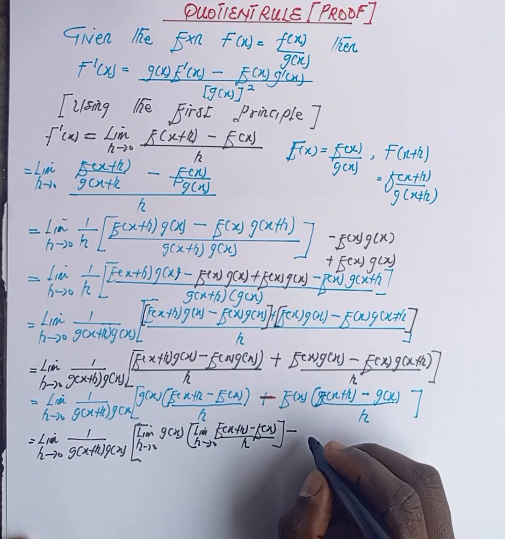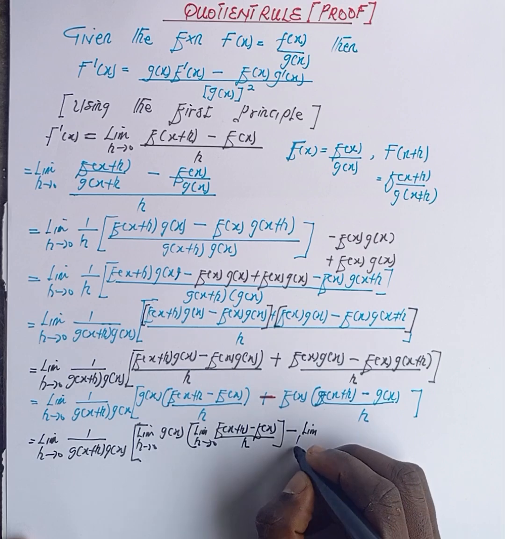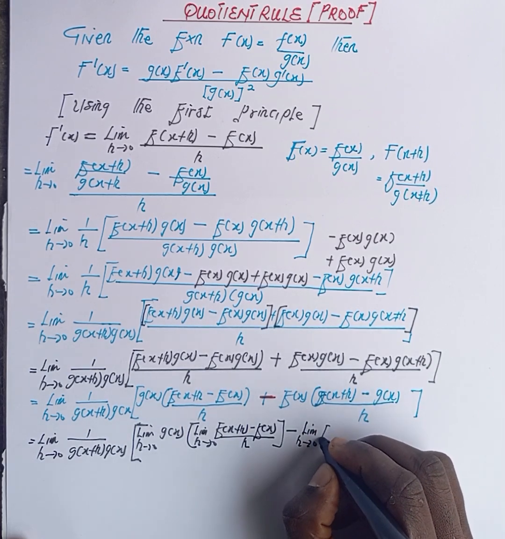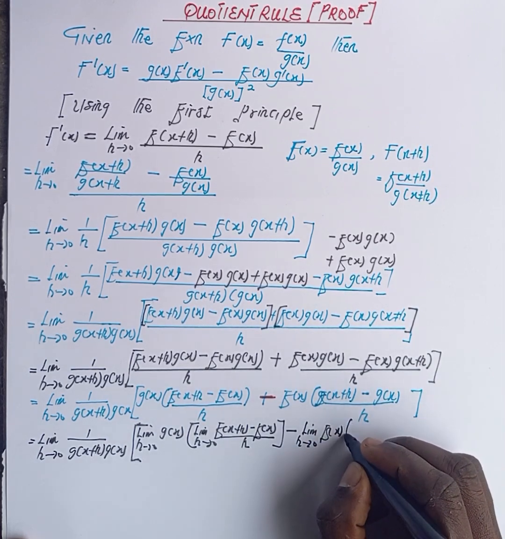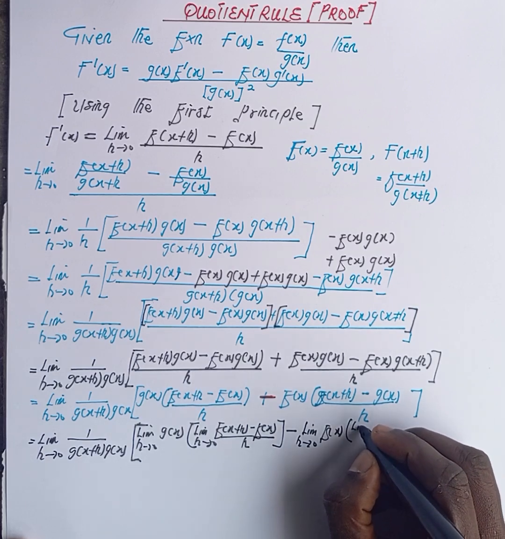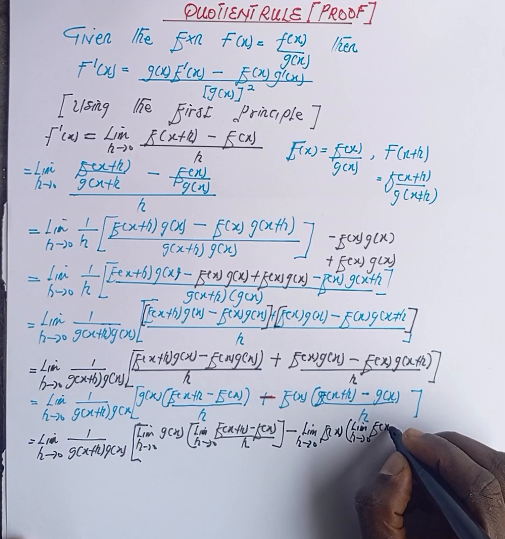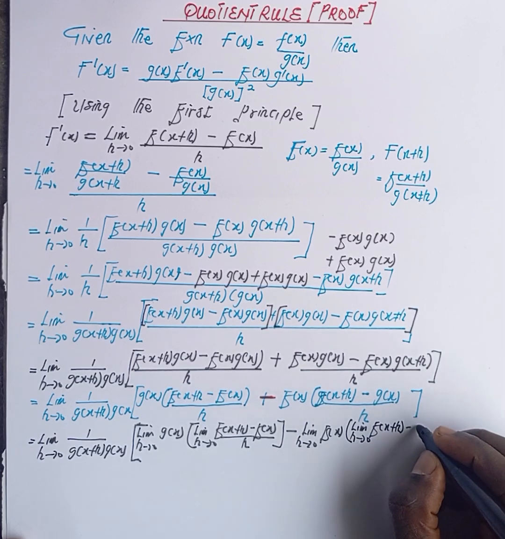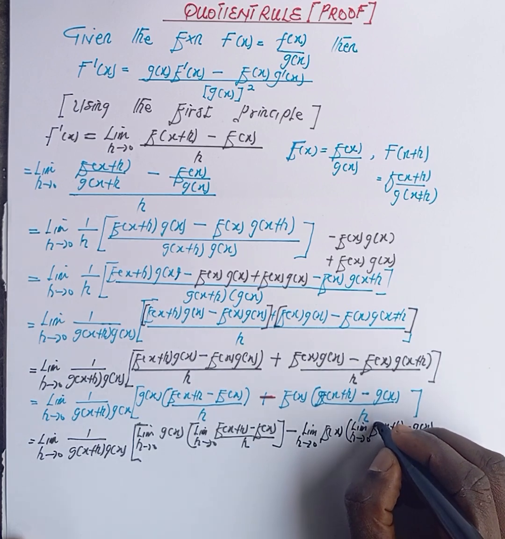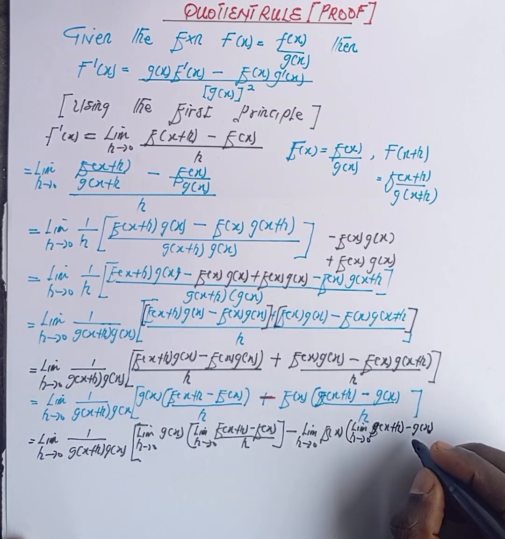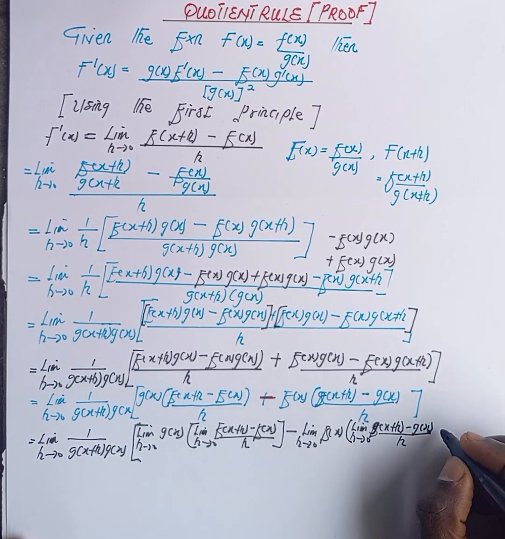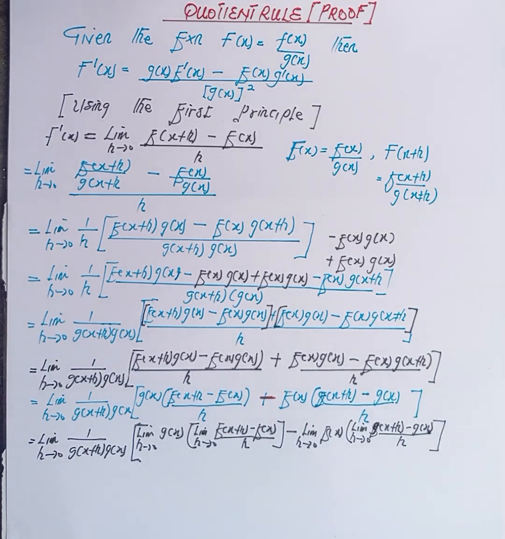We take the limit also, the limit as h approaches 0 of f at x. Then we come to the last part, we take the limit as h approaches 0 of g at x plus h minus g at x, all over h, and we give the h to this very part. We are done. So we are just going to apply the properties of a limit, and then we see what we are going to get.